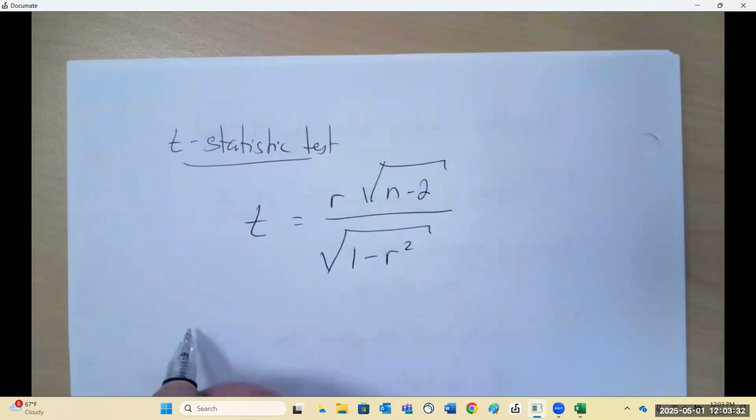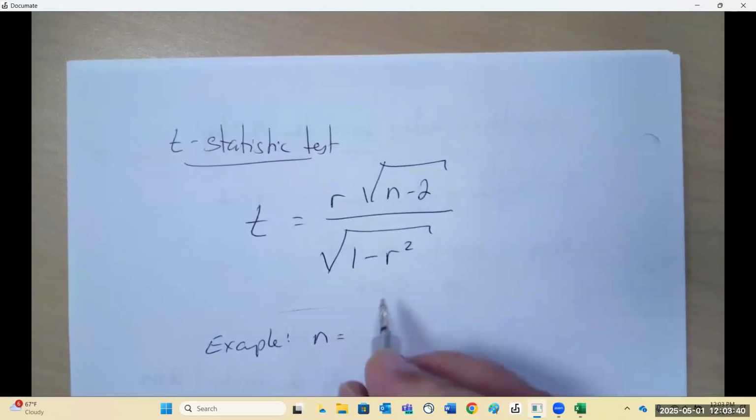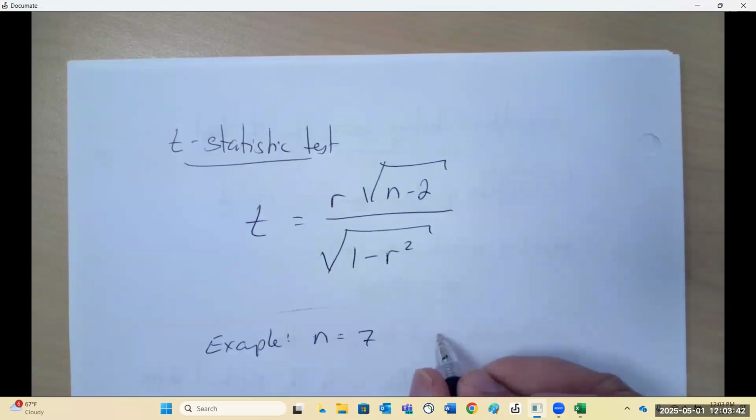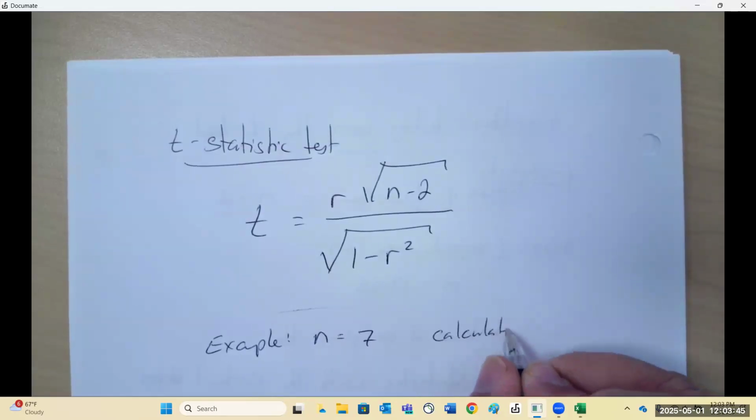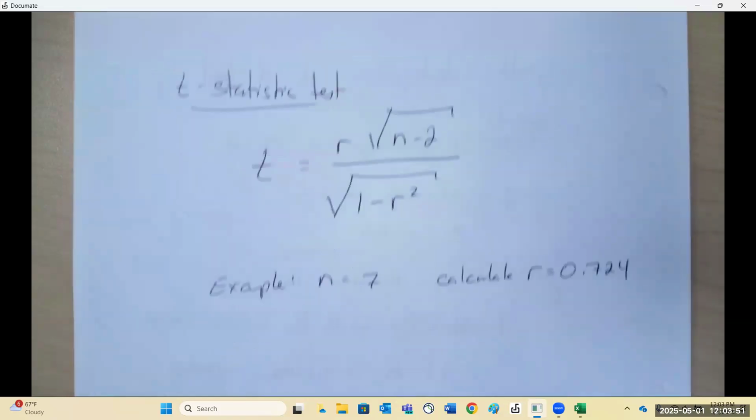So once you figure out, for example, your n, let's say it's 7, we calculate r, let's use the one they use, 0.724.